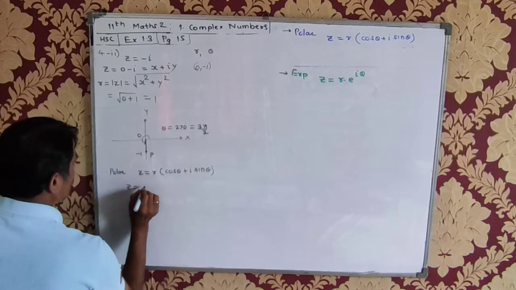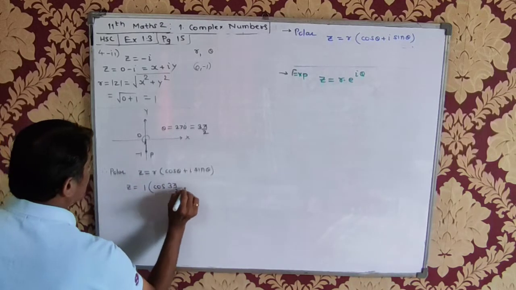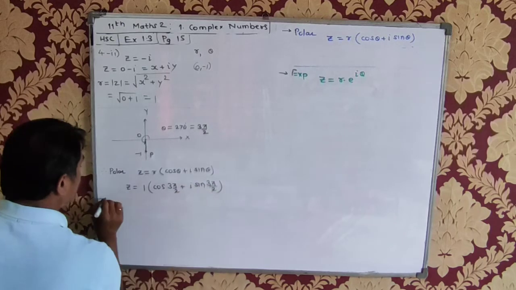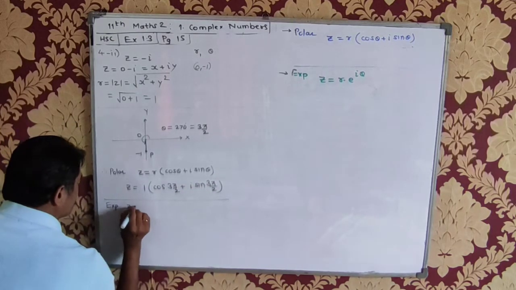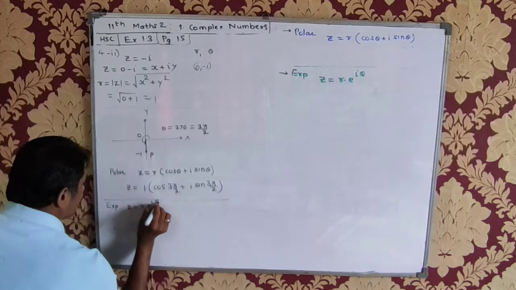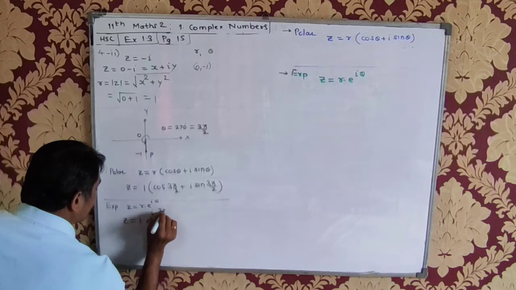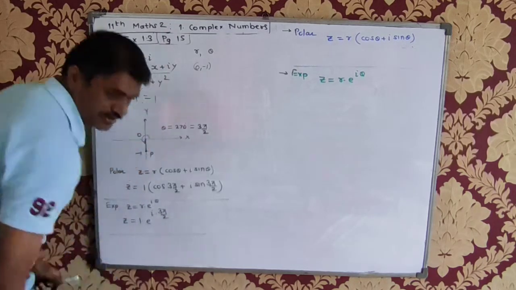Therefore, Z is equal to R is 1, cos of 3 pi by 2 plus I times sin of 3 pi by 2. Exponential form: Z is equal to R into e raised to I theta. So Z is equal to 1 into e raised to I times 3 pi by 2. Understood? That's the answer. Next question.